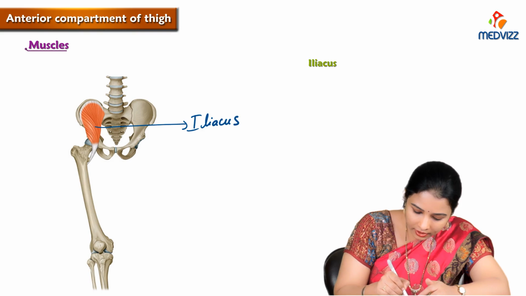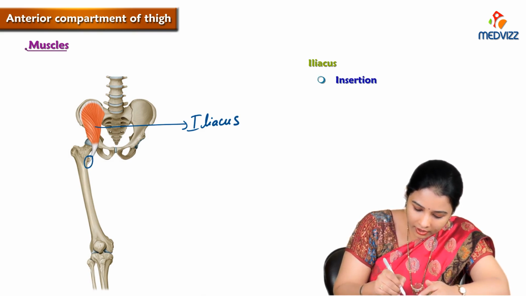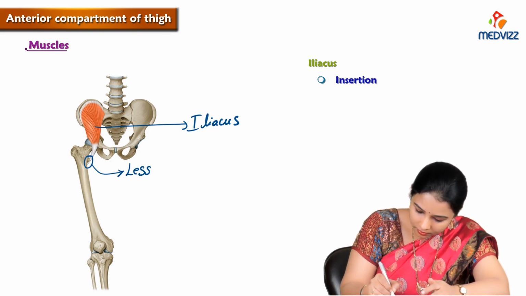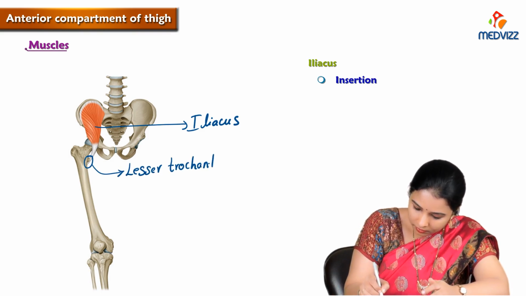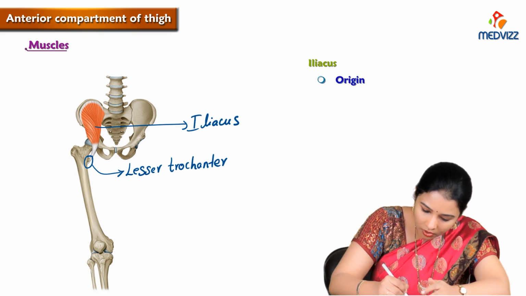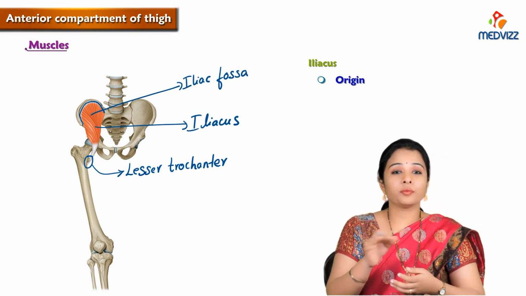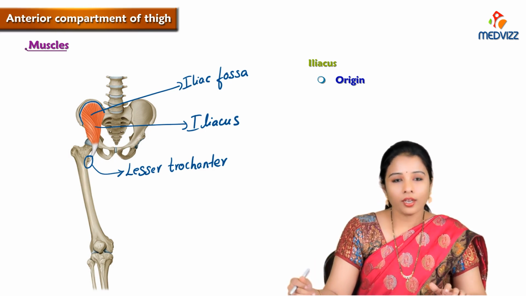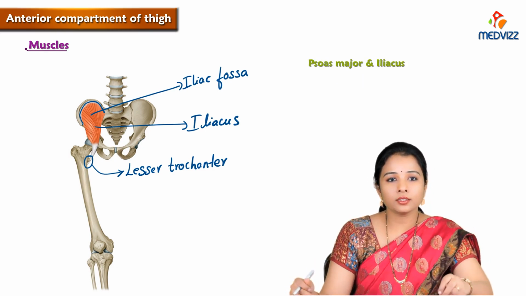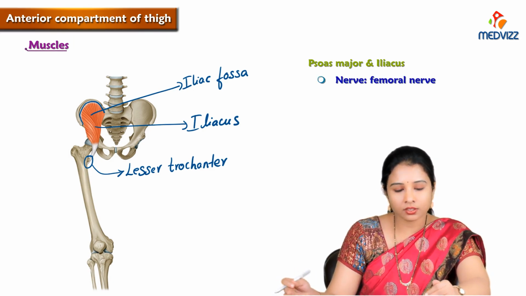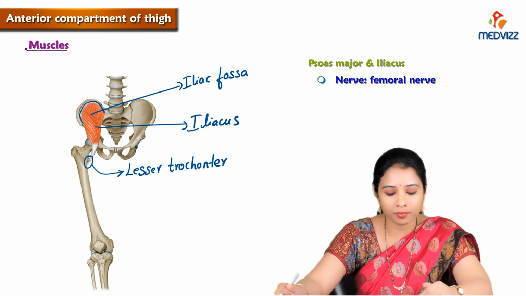We can see the tendon of the iliacus again getting inserted to the lesser trochanter. And you can see the origin of it here, that is from the iliac fossa, which is present on the medial side of the ilium. And psoas major and iliacus both are supplied by the femoral nerve, which is the nerve of the anterior compartment.